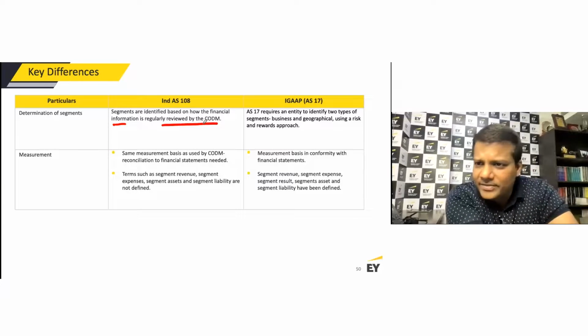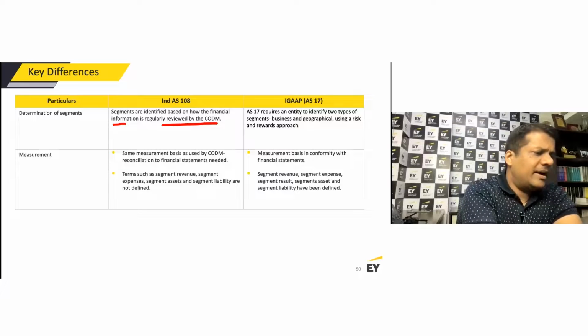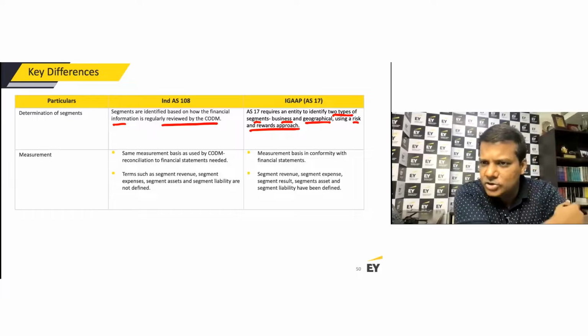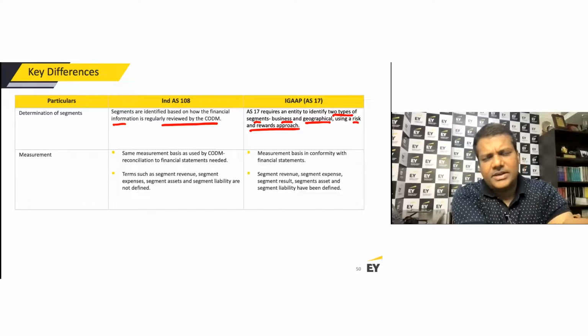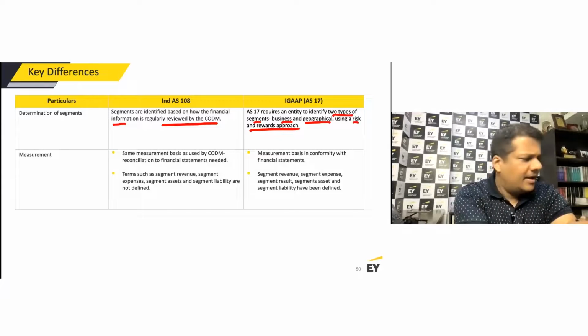Here we don't have the CODM concept under Indian GAAP, right? Under AS 17, you identify two types of segment, business and geography, using a risk and reward approach, which is where you look at products or services, or you look at your geographical area.